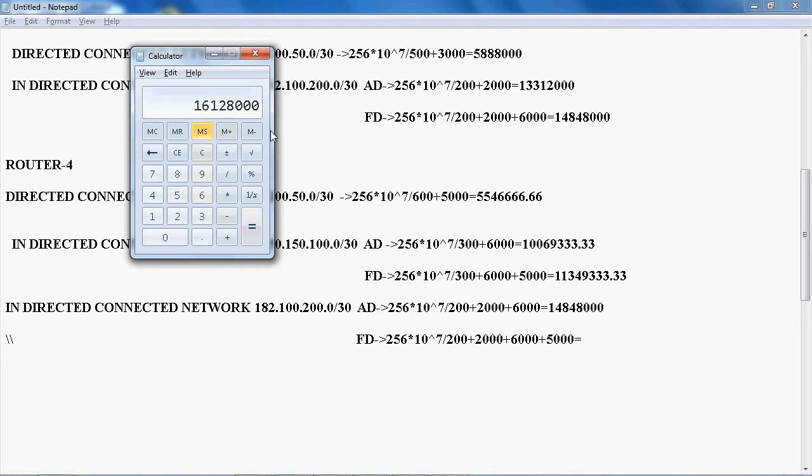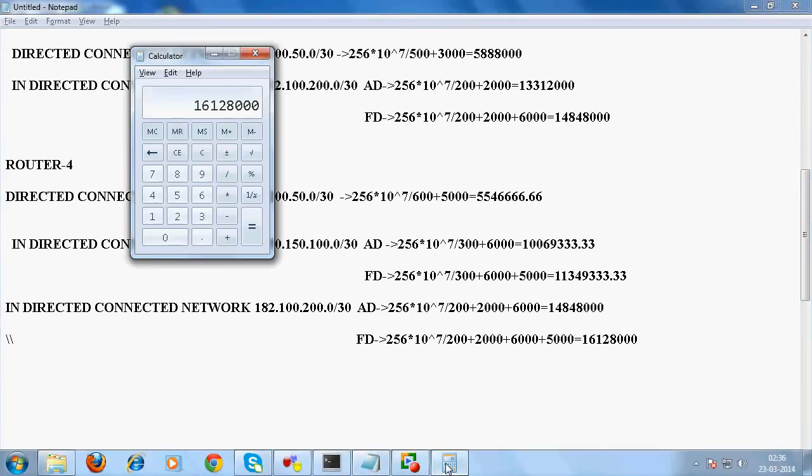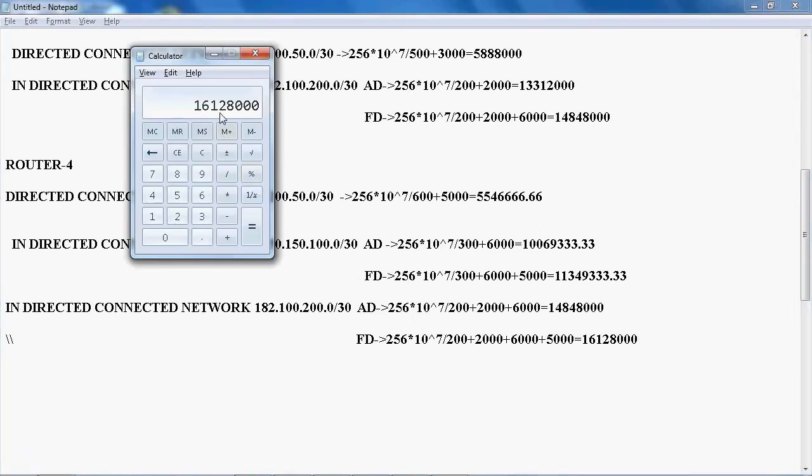So the metric value for the feasible distance, the feasible distance is 16,128,000. We can check that answer. 16,128,000. Okay.